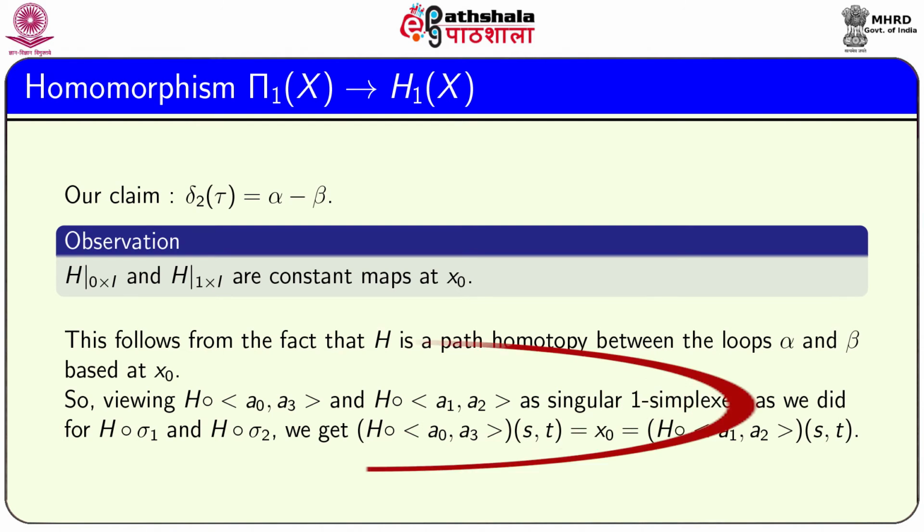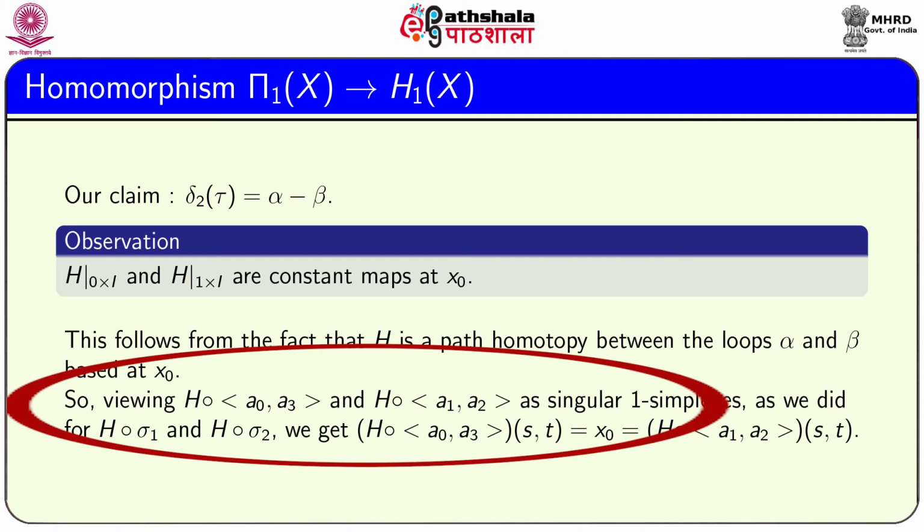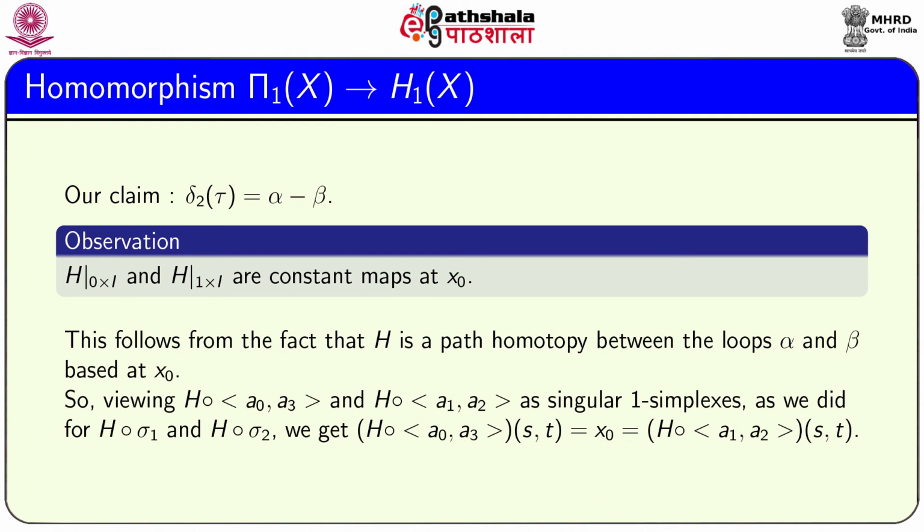So, viewing H composed A0A3 and H composed A1A2 as singular one simplexes, as we did for H composed sigma 1 and H composed sigma 2, we get that H composed A0A3 operated on the point (s,t) is equal to x0, and H composed A1A2 operated on (s,t) is again equal to x0.